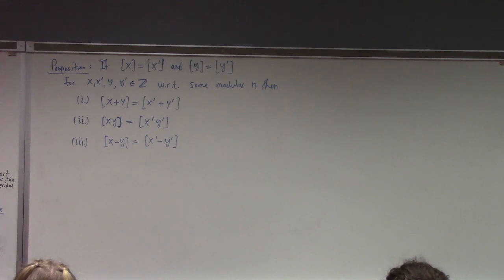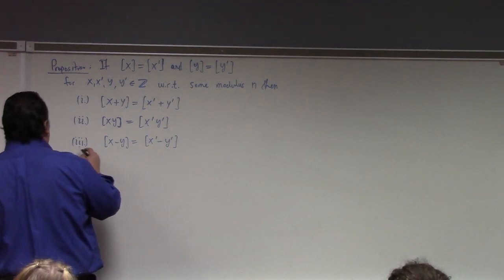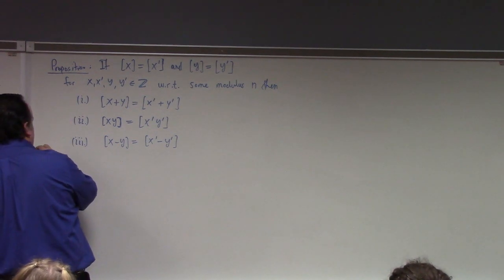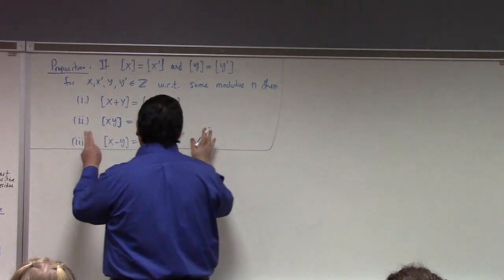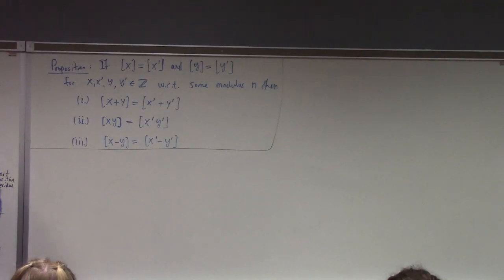So, all right. My claim, though, is everything else here that we're doing really rests on this one proposition, because this proposition is necessary in order that this definition even makes sense, right? Think about this. If it mattered which representative we used in order to form the addition or the multiplication, then we could get different answers if we chose different representatives. That would make this whole thing fall apart, right?